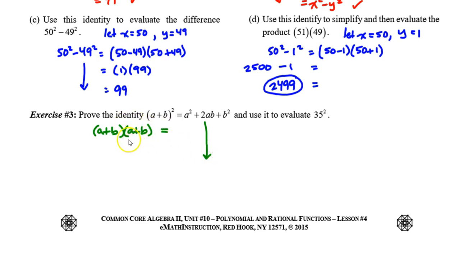Okay, so hopefully you took the time to do so. Okay, that all works. Now, to make a 35 squared, I've got to think about what I want a and b to be. They can be any two numbers that add up to 35, but let's choose 30 and 5.